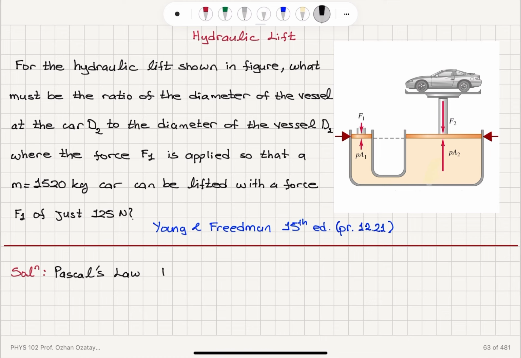So the pressure that we're applying on the left side is the force F1 divided by the cross-sectional area A1.